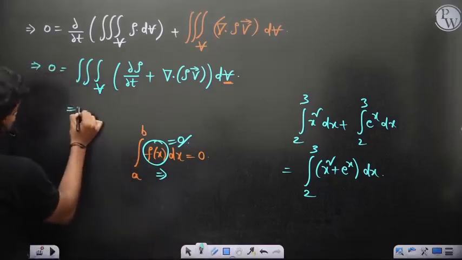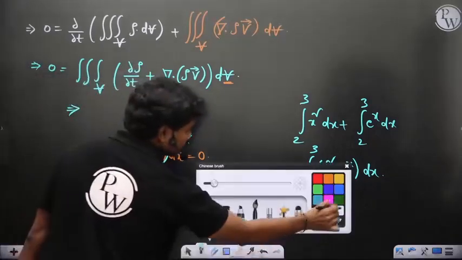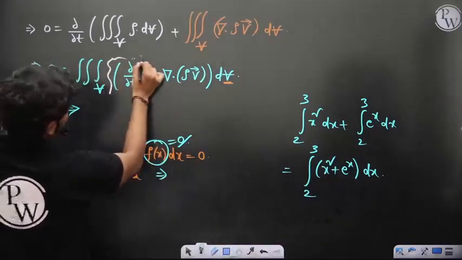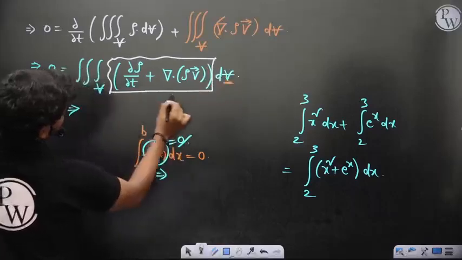So this tells you जो इंटीग्रेंड है यहां, ये 0 है पक्का.